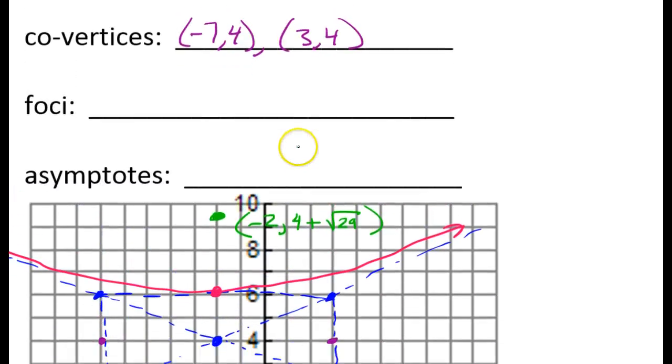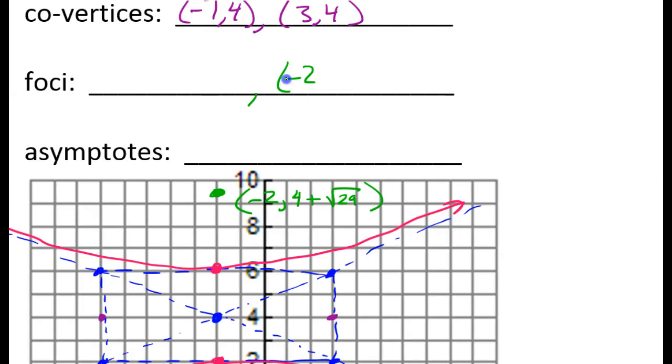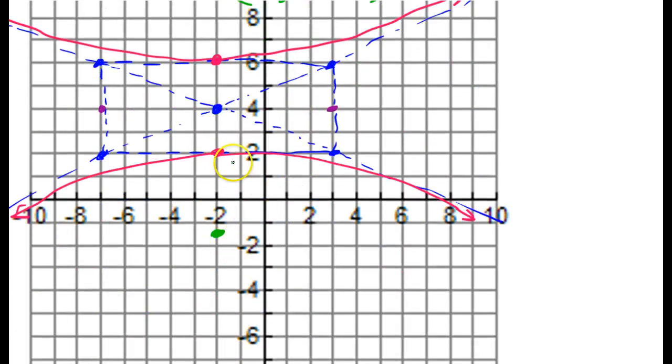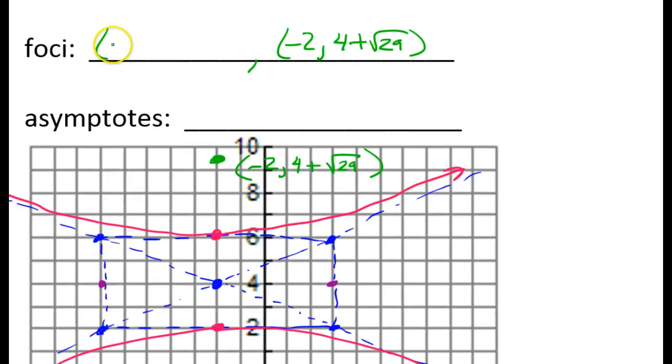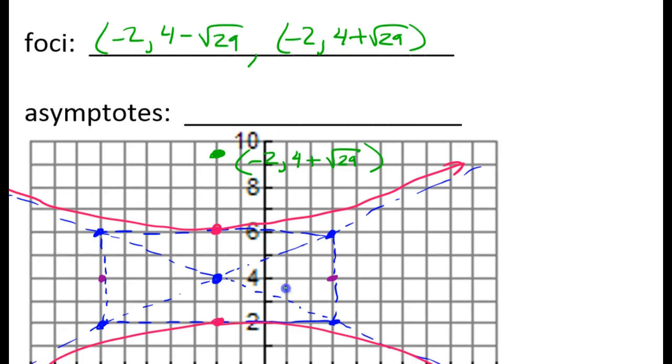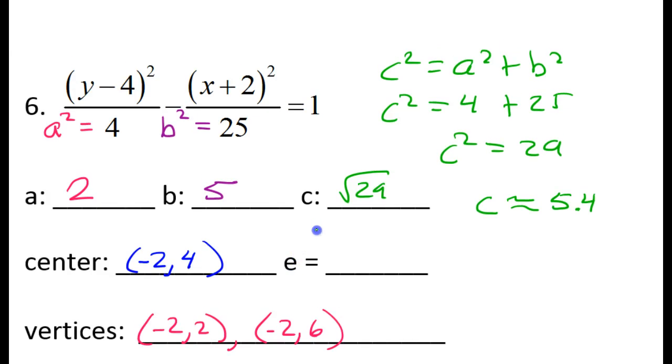Okay, so the upper focus has the coordinates -2 comma 4 plus radical 29. Similarly, the lower focus is going to be -2 comma 4 minus radical 29. Okay, the eccentricity is always the c value divided by the a value. So that's going to be radical 29 over 2.